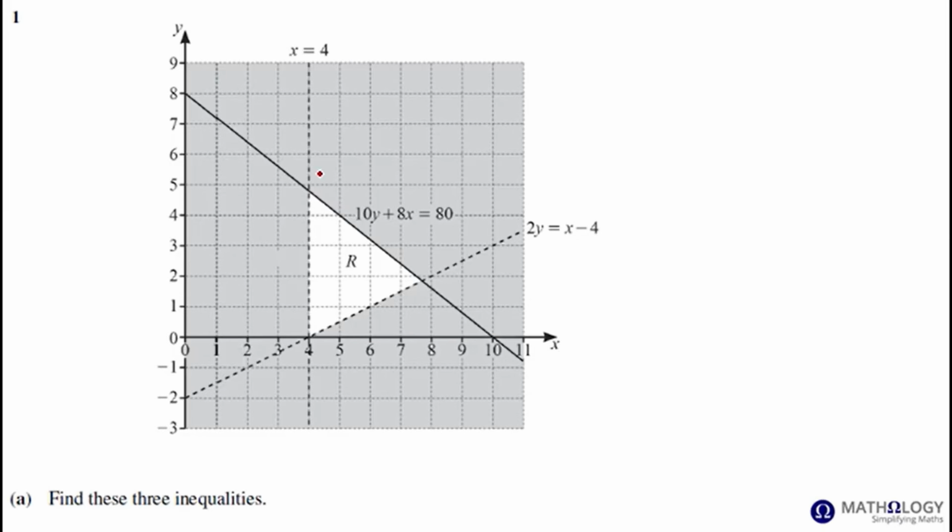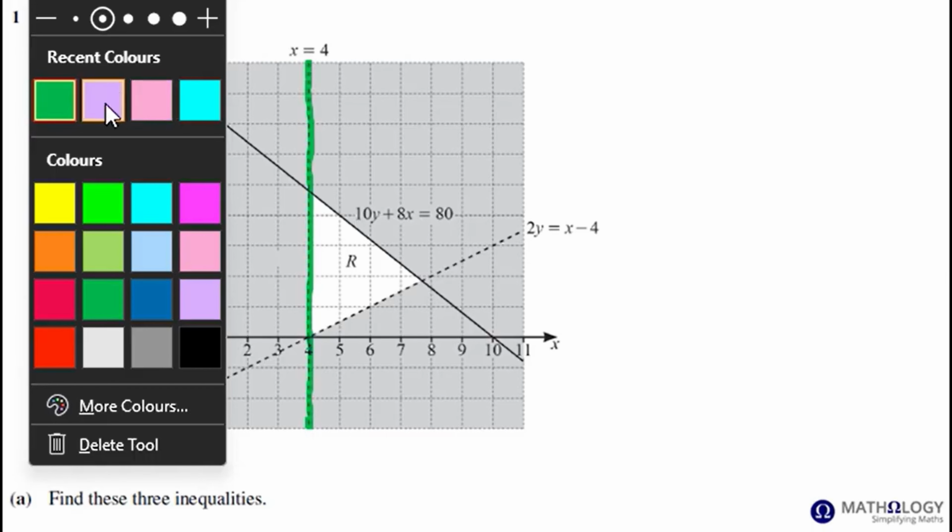And here we are given a feasible region R that is enclosed by 3 inequalities. They have sketched the line x equals 4, and we can clearly see that this line is dotted. We know what that will mean, because that relates to an exclusive inequality.